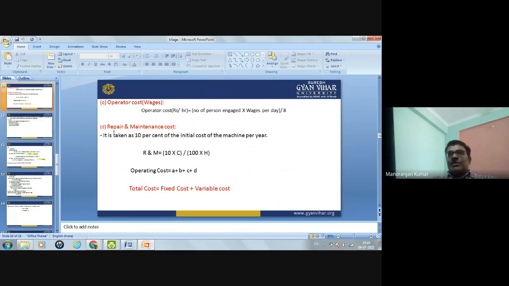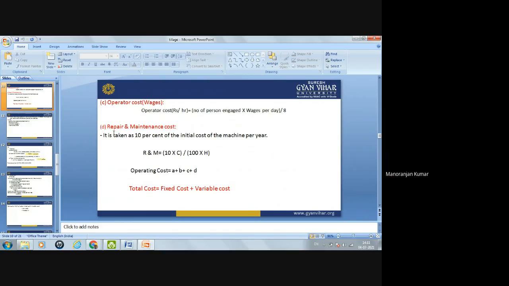Okay. Now the other variable cost is repair and maintenance cost. This is taken as 10% of the initial cost of the machine per year, because if your machine is running, then some repairing work will be there, and also the maintenance cost.